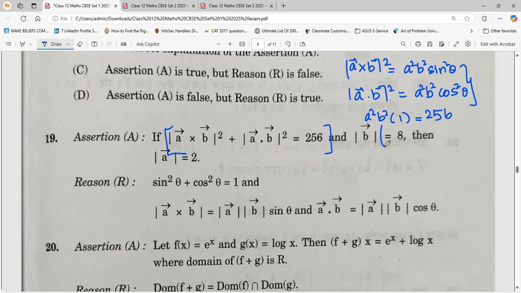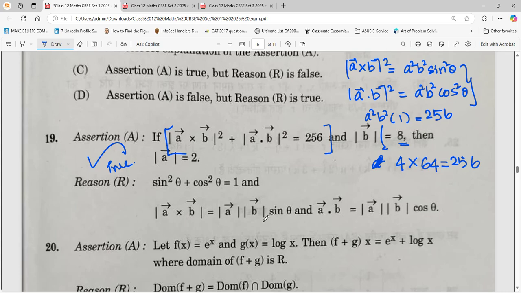So A square is, is it true though? A square is 4 and B square is 64. So that is equal to 256. So this assertion becomes true. Sine square theta plus cos square theta is equal to 1.